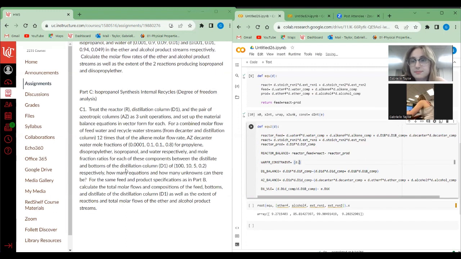So let's type in our first one. First water, right? We're going to do water flow rate, and then the water from the distillation feed, and then the decanter water.